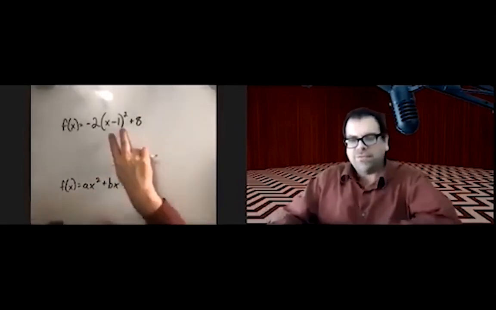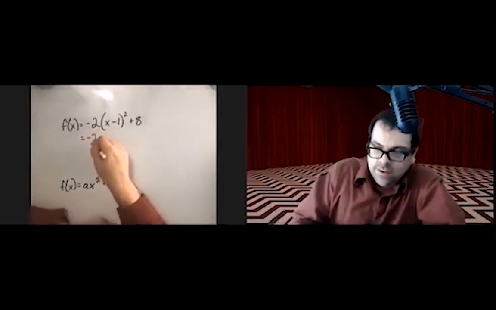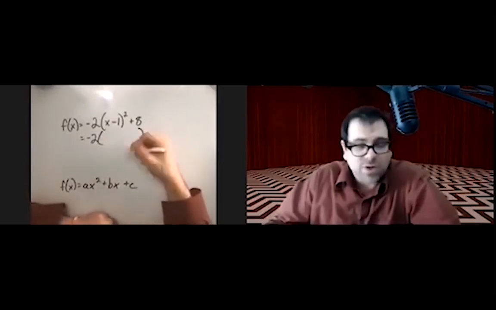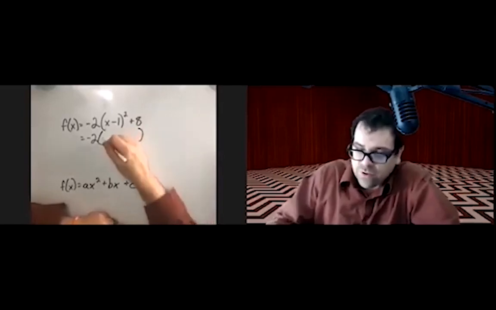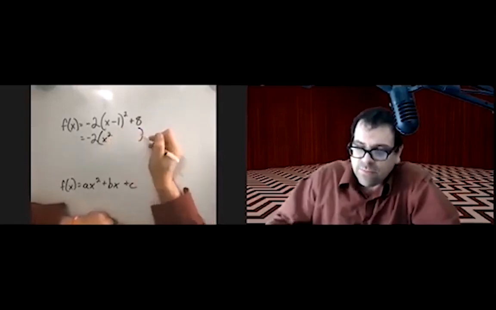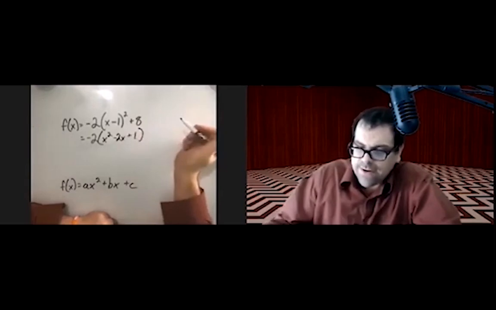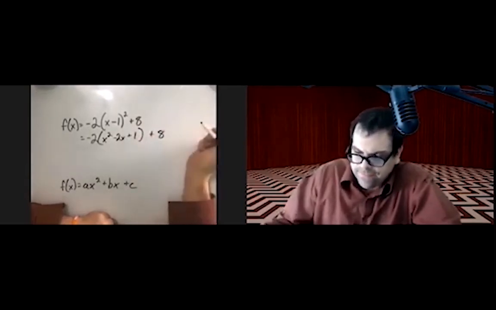But how do we expand? First, we square this. X minus 1 squared means x minus 1 times itself. You can FOIL, or you can use the special formula. Either way, you're going to end up with x squared minus 2x plus 1. Then we have our plus 8.